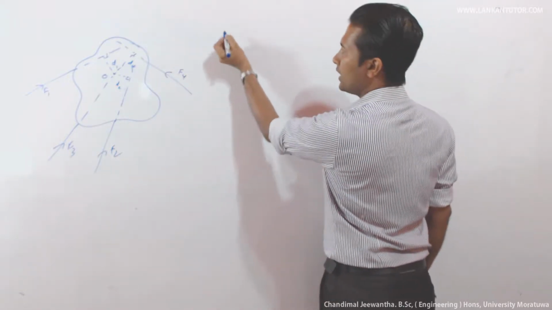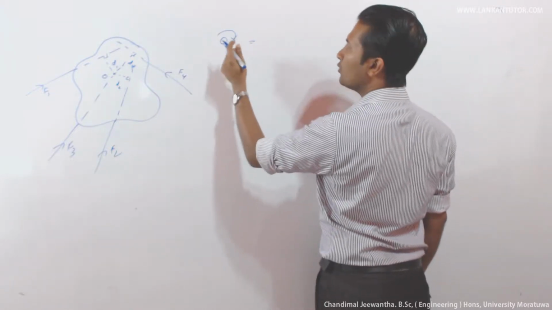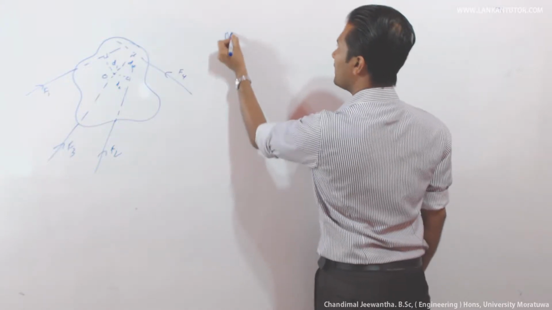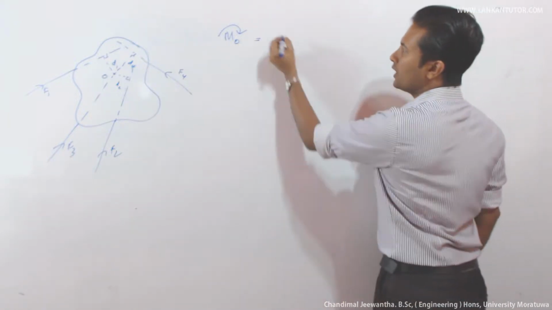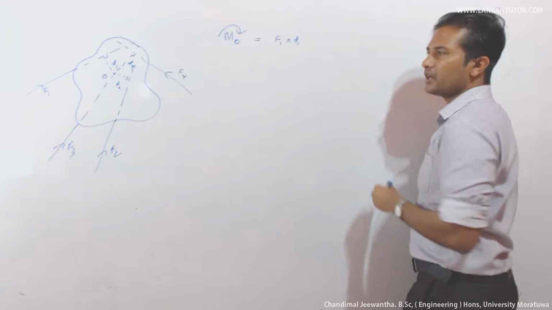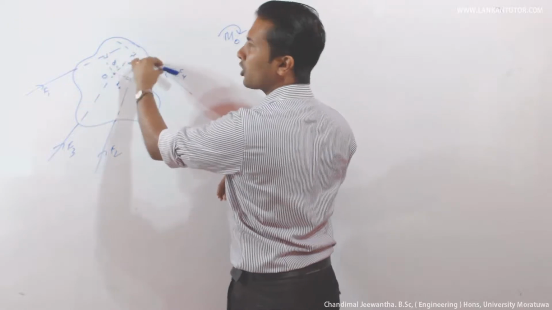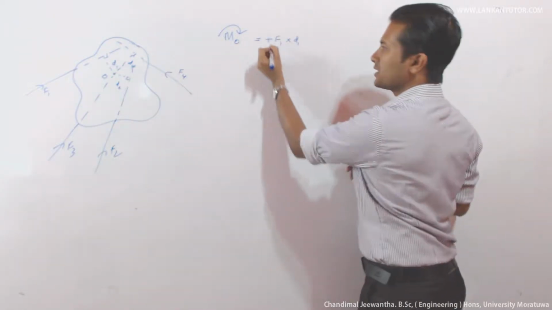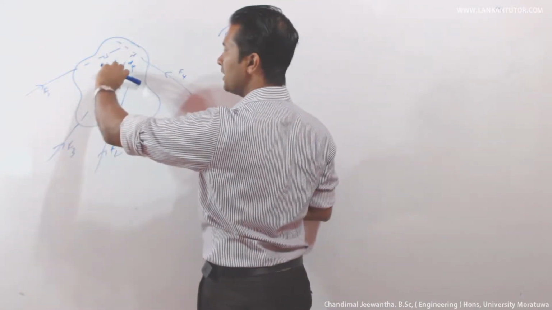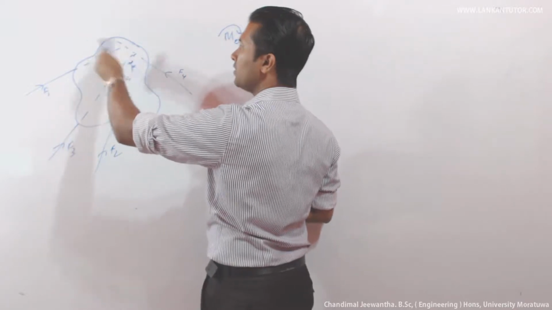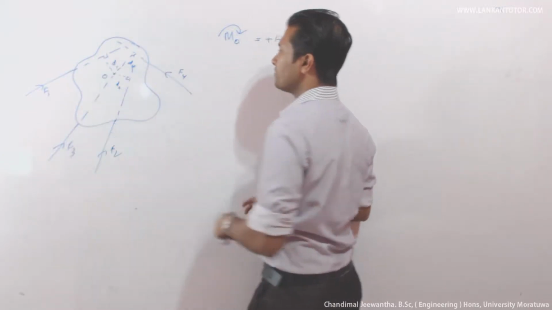Starting from, let's take the clockwise direction as positive, which means moment around O towards the clockwise direction is positive. F1 into D1, what would be the direction? This should be clockwise. So that is plus. Considering F2, this is the force, this is the perpendicular distance, and this is the direction of rotation due to this force.